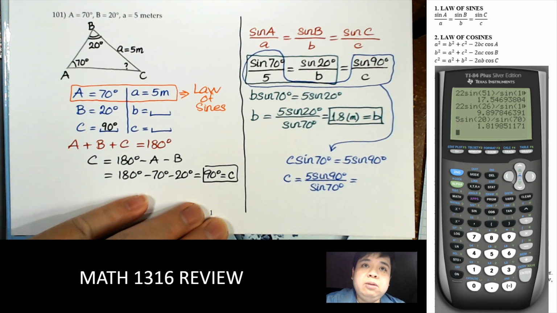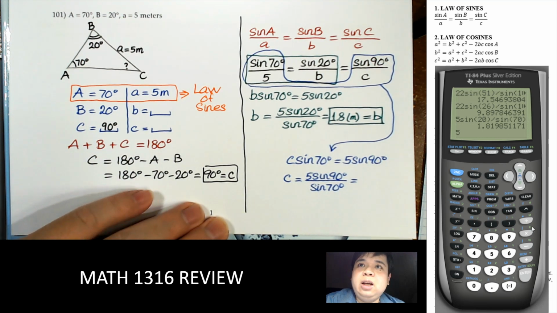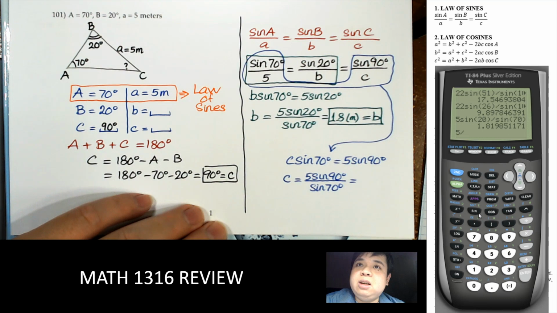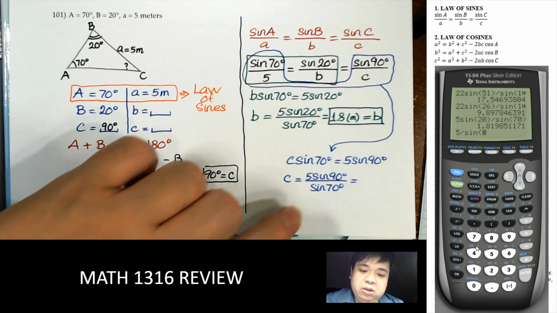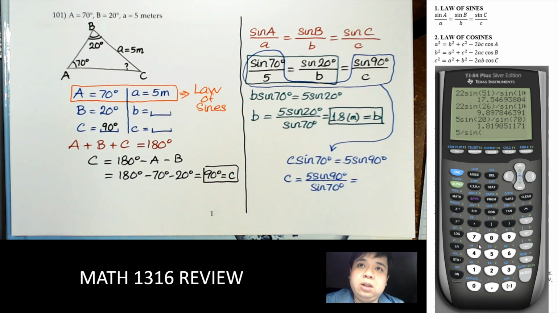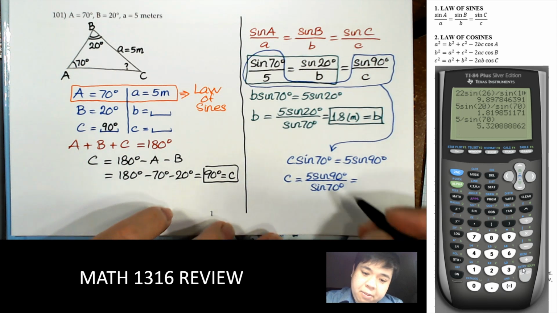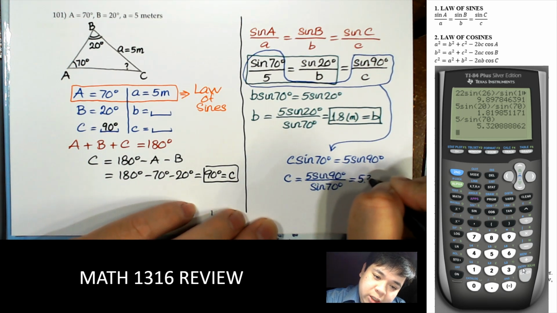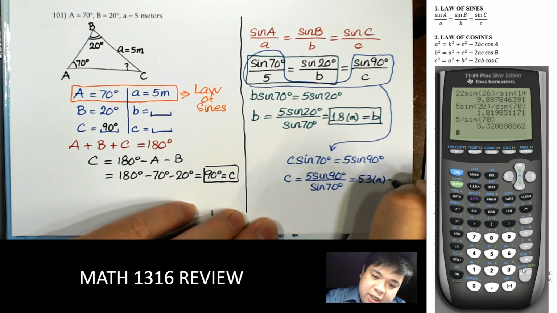So pretty much just 5 divided by sine of 70 degrees, because sine of 90 degrees is 1. So it's 5.3 something. Let's keep 5.3 meters, and that is side c.